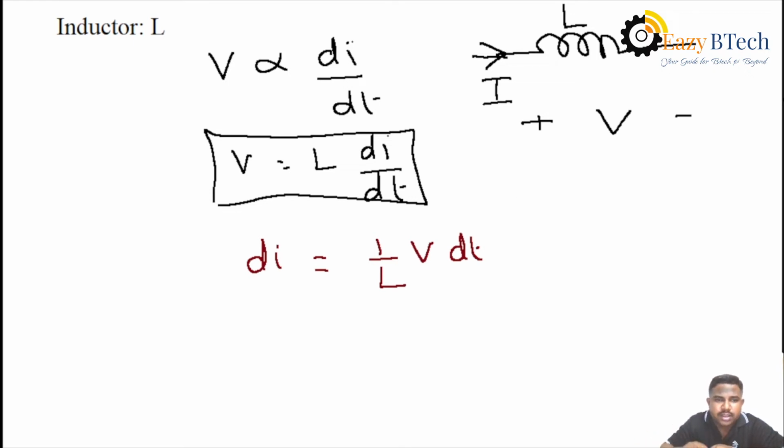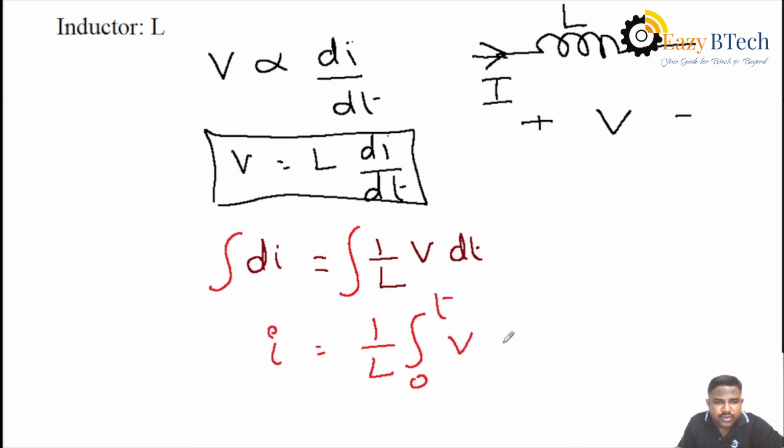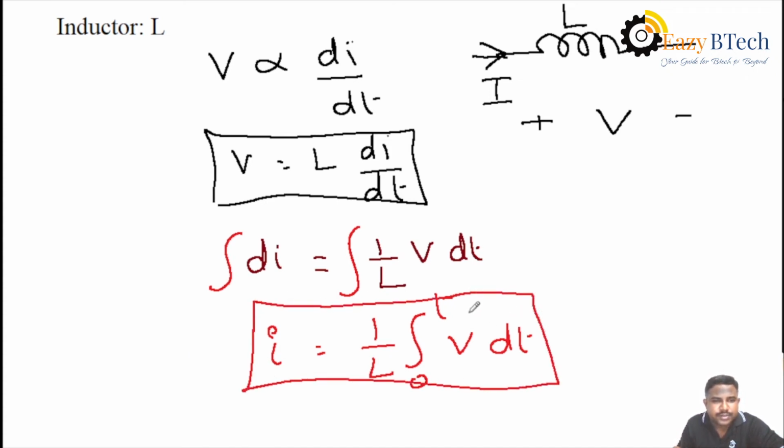Simply take integration on both sides, and the derivative term is eliminated. So the current becomes I equal to 1 by L, which is constant, integration from 0 to t of V into dt. This is with zero initial conditions. If you take initial conditions, then you add I of 0. This is the current relation in the case of the inductor.